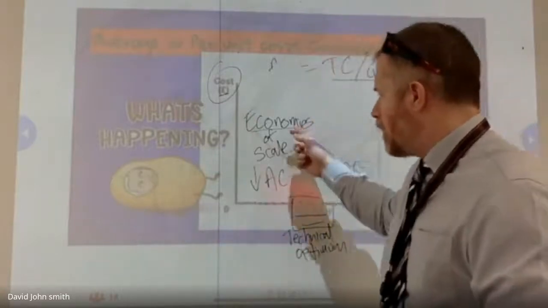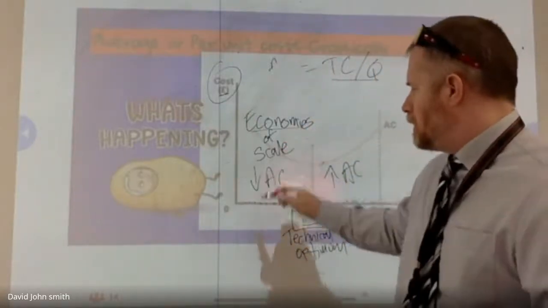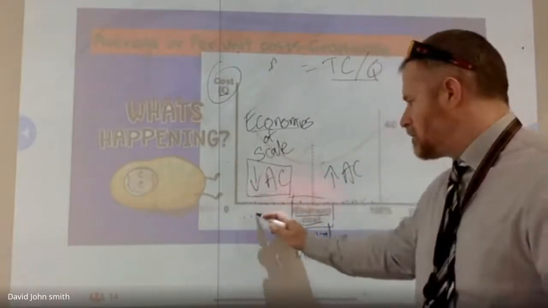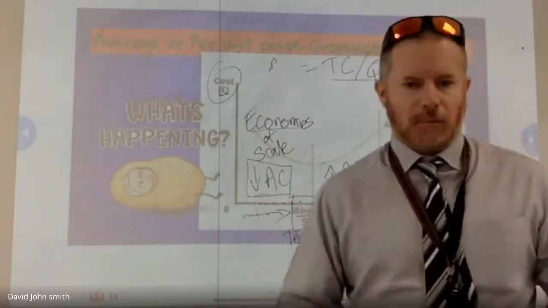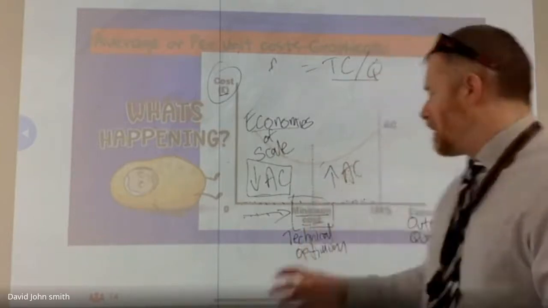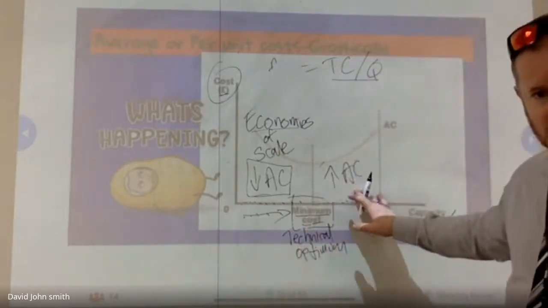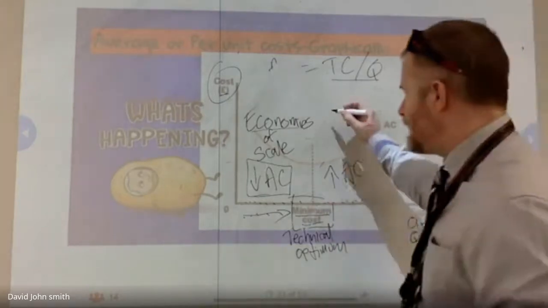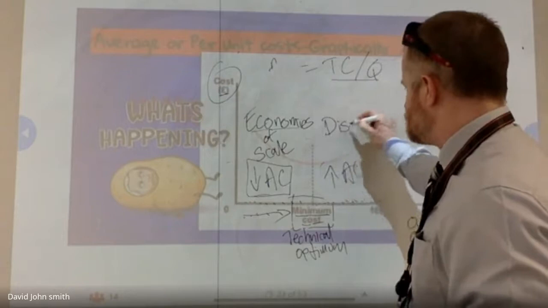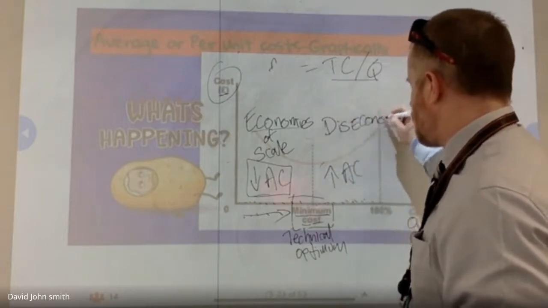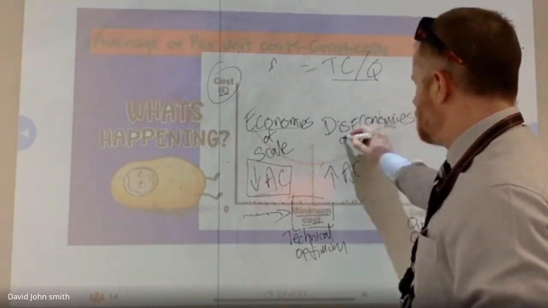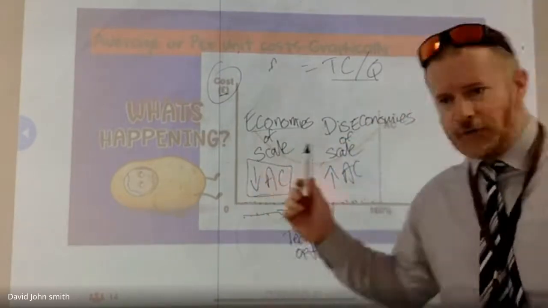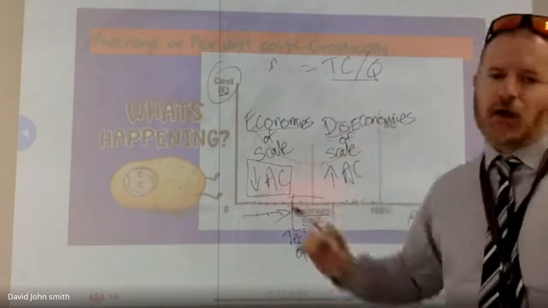So if you've got economies of scale, you are saving some of your costs by increasing your output. But on this side, your costs are rising. So you don't have economies of scale here. Instead, got this. This one's slightly different. You've got diseconomies of scale.